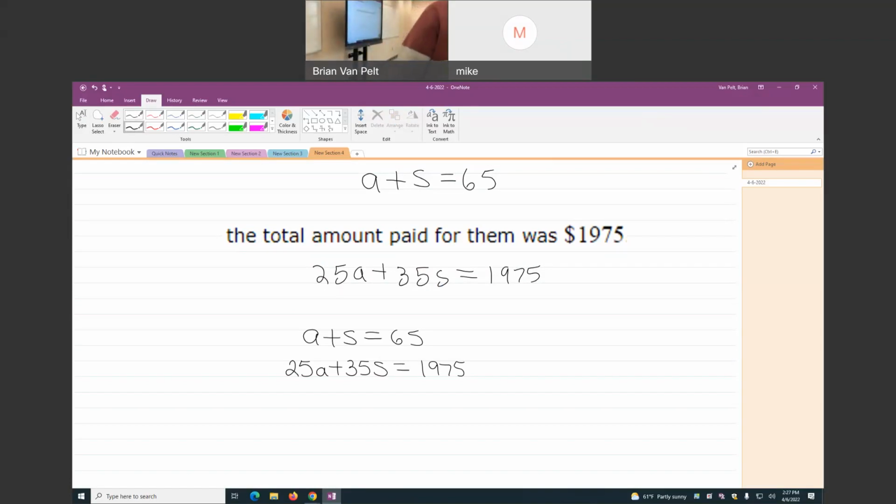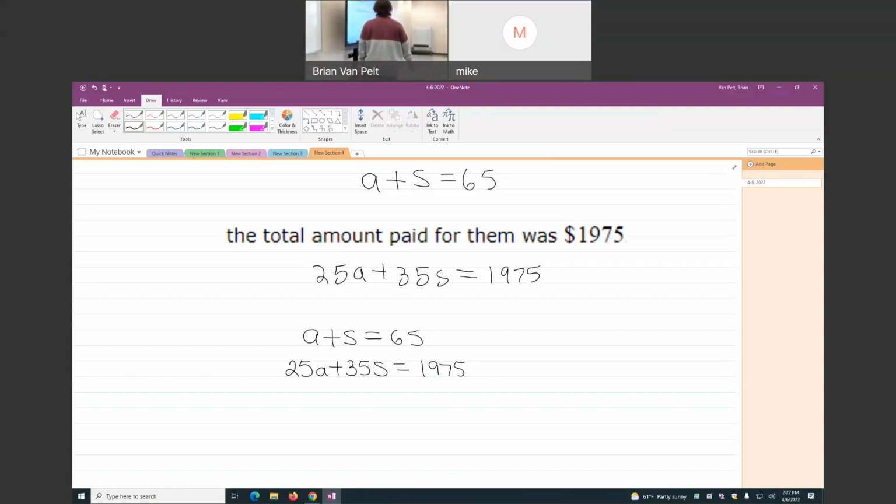Any methods that you would care to share that they use? I'm sort of torn too, because it's so easy to solve the first equation for substitution, but substitution doesn't guarantee.